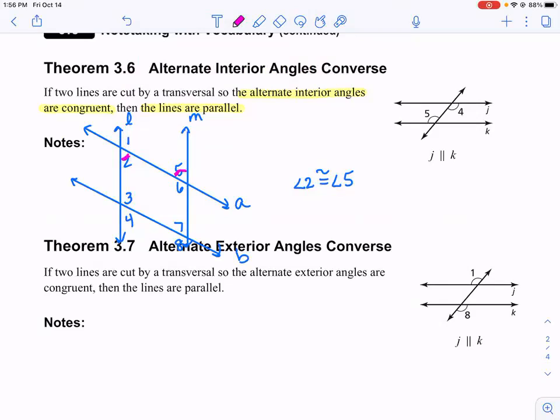Which line is the transversal, Carson? A is the transversal, which means if these two alternate interior angles are congruent, with A being the transversal, then L is parallel to N.